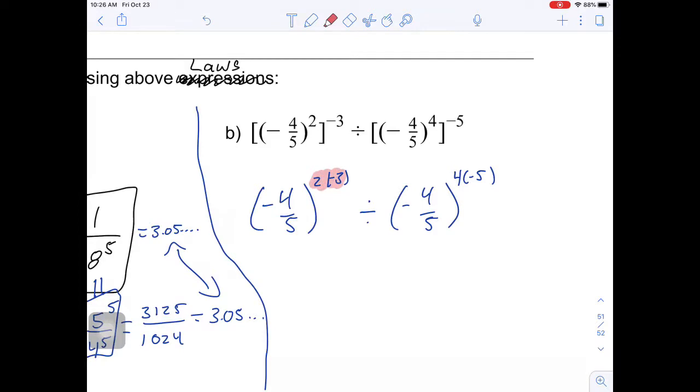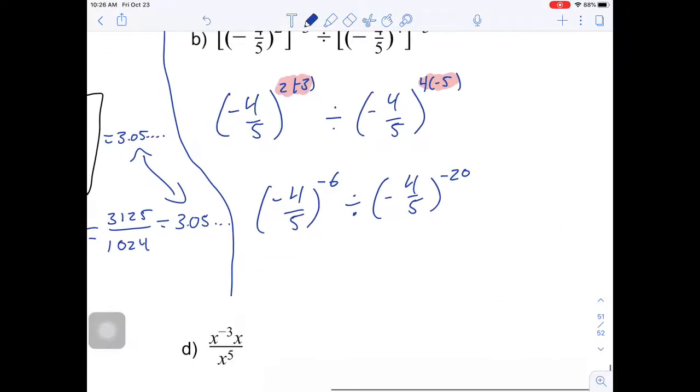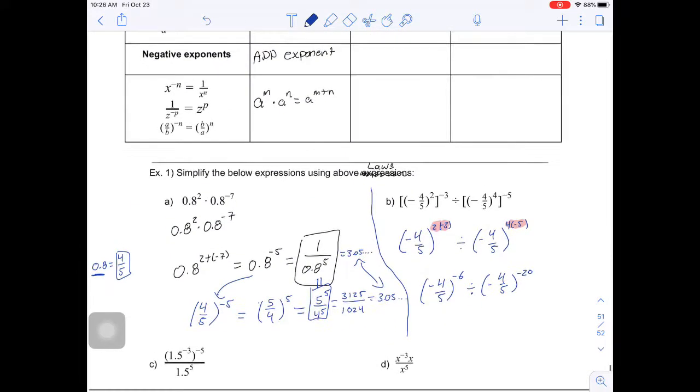So 2 times -3 will give me -4 over 5 to the power of -6, dividing, and then I have -4 over 5, and here I will get 4 times -5, which gives me -20.